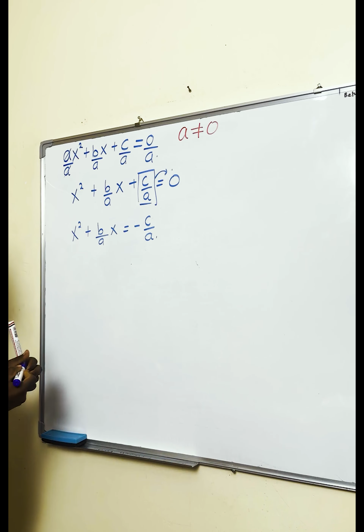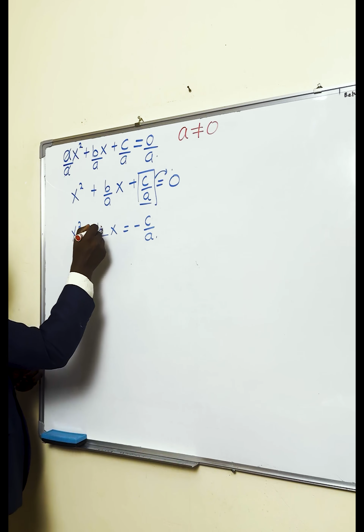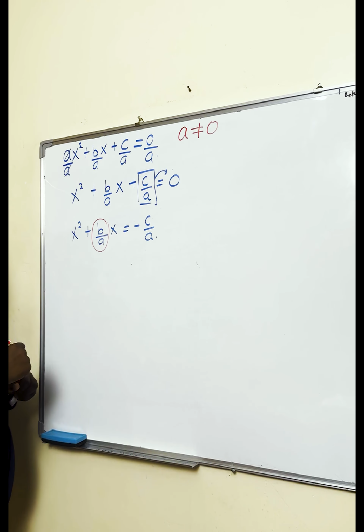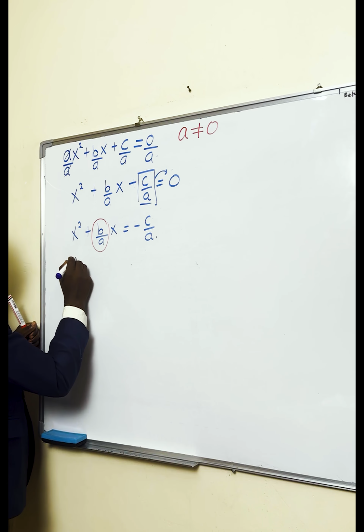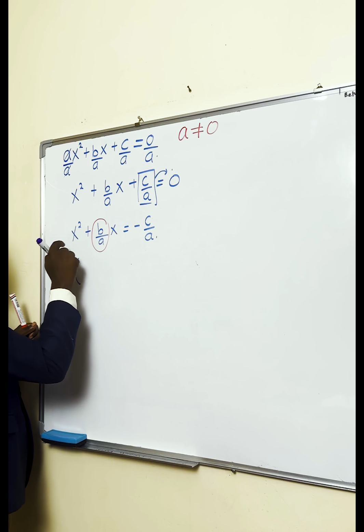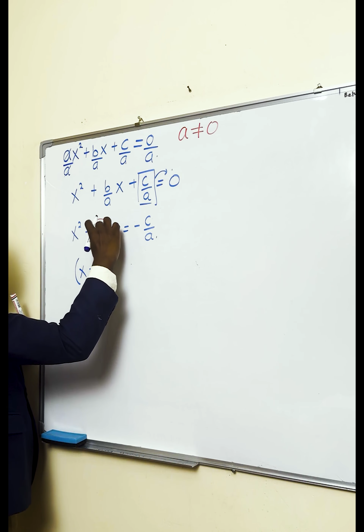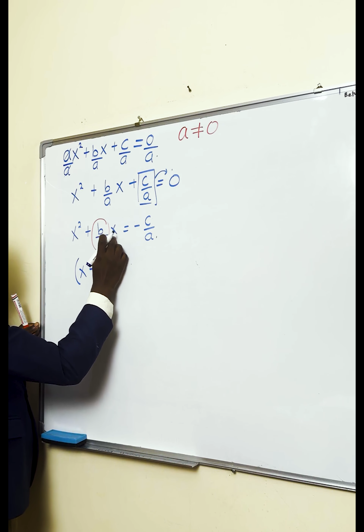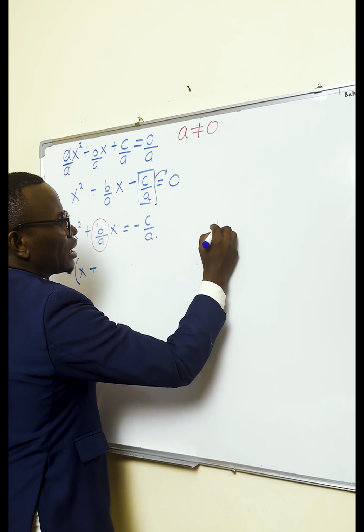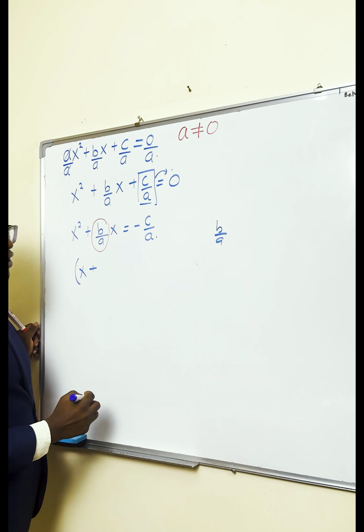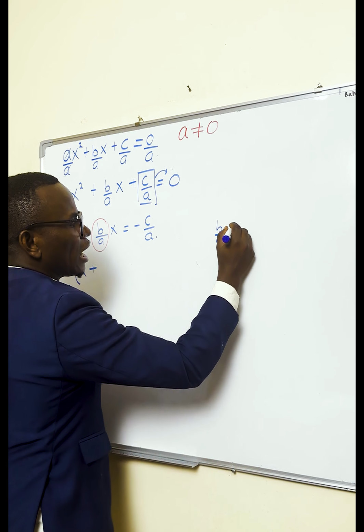And to complete squares, we are going to consider this as the key term. Are we together? So I'm going to open up the brackets. I pick only x, then I get half of the coefficient which is on x. Remember, it is b out of a, that is the coefficient. Now I want half of it.